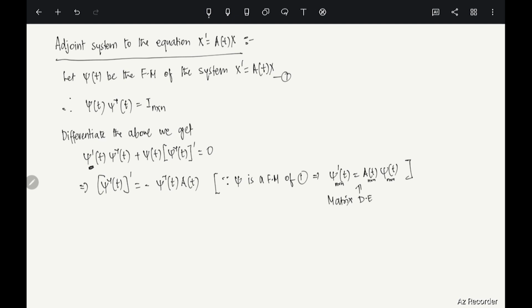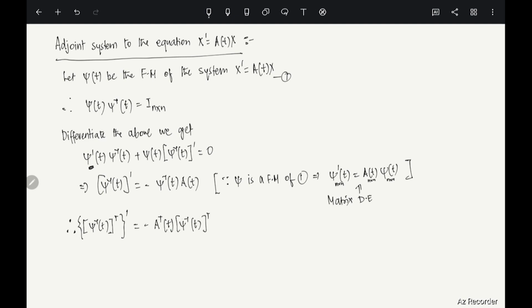Therefore we can also write it as: the transpose of phi inverse of t, if we take the derivative, is nothing but minus A transpose of t times the transpose of phi inverse of t. Clear?